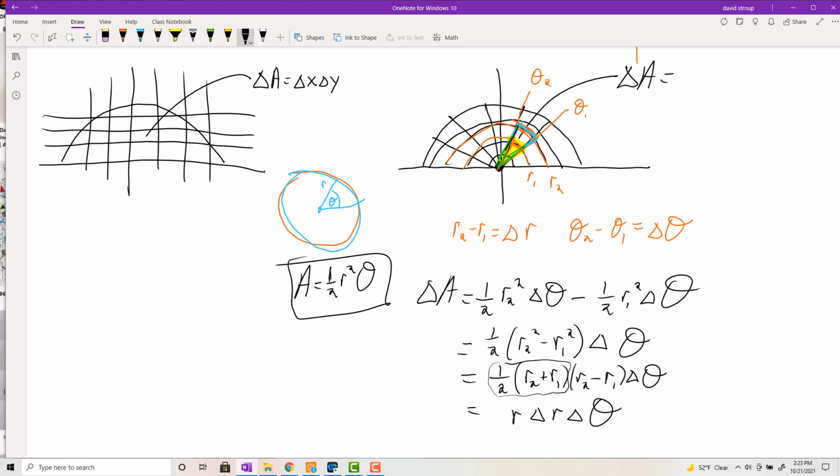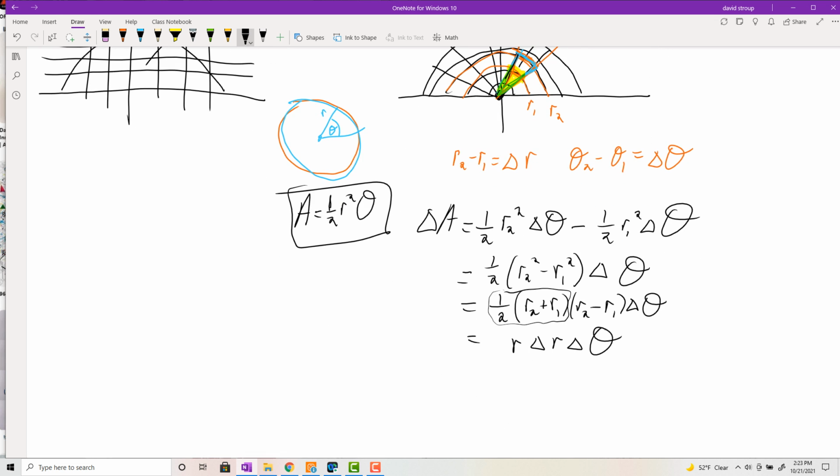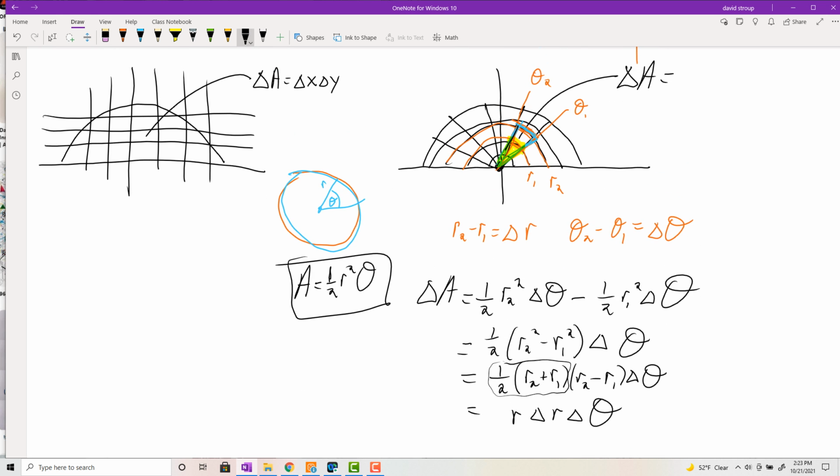And this thing right here is going to become the formula that we use. Okay, so that r becomes kind of like the midpoint that you would use back in Calc 1 when you were figuring out the area underneath a curve. You could use left-hand endpoints, right-hand endpoints, or midpoints. The r is the midpoint that you're using in this version. And then you could form a Riemann sum based off of this.